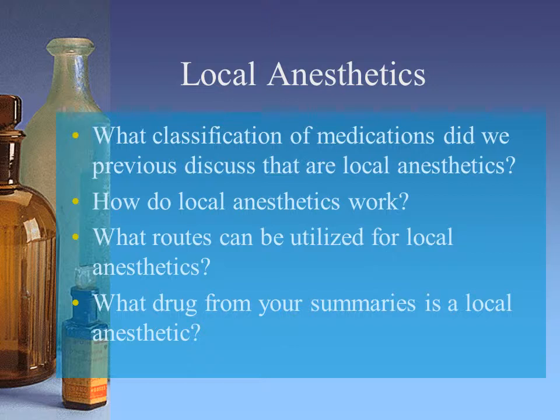Topically, you can see them given in creams, in sprays, or even in patches. The patch form works really well sometimes with our elderly population who are having some osteoarthritis issues and pains in their joints. So we can put a daily patch on of a local anesthetic that helps with some of that pain in those joints.